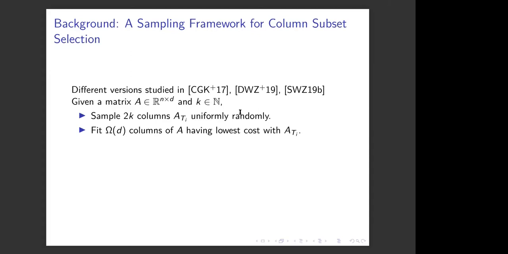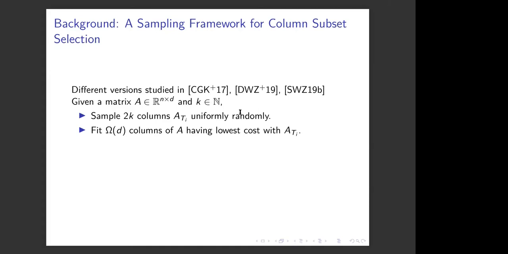And out of all the remaining columns, you try to fit all of them using this random subset of columns. And you look at the error that you obtain for all of those columns, and you take a constant fraction of those having the best error.